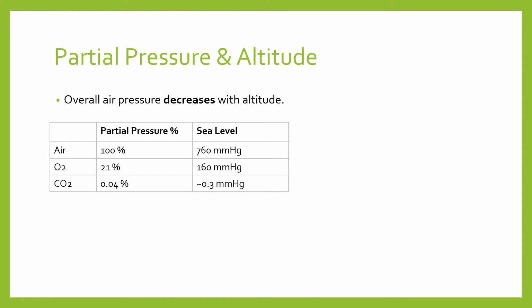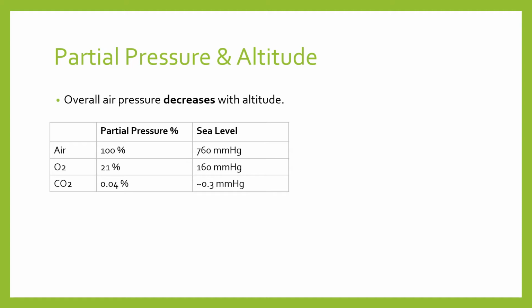At sea level, altogether, their combined pressures come to 760 millimeters of mercury. But because oxygen makes up 21% of that overall pressure, because 21% of the molecules are oxygen molecules, therefore 21% of the overall pressure is the partial pressure of oxygen.